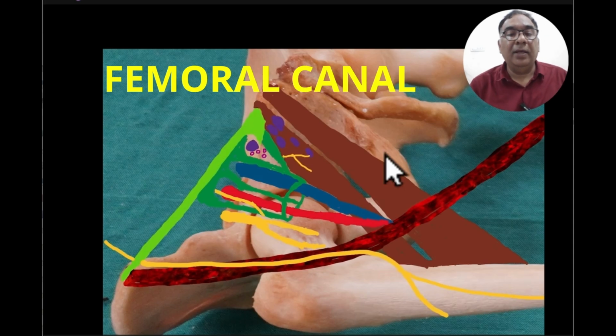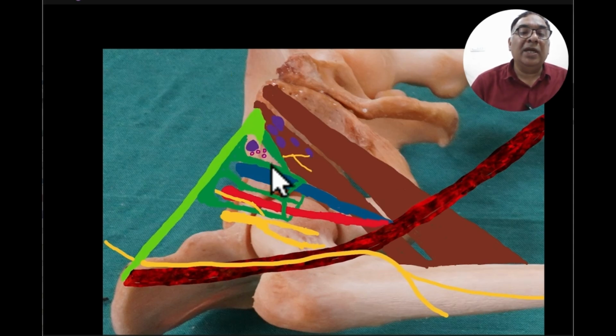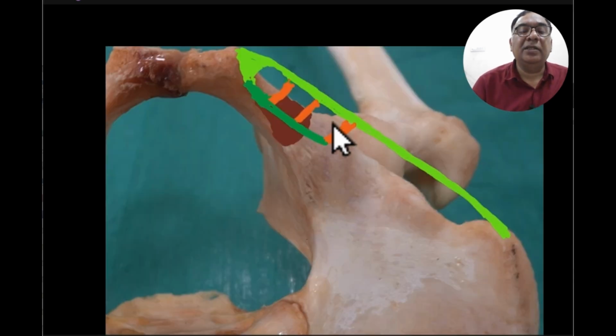Now the femoral canal. This is the medial compartment of the femoral sheath. It is conical in shape. It has a base and apex. It is about 1.5 cm long and 1.5 cm wide at the base. And the base of the femoral canal forms the femoral ring. This is a superior view of the femoral sheath. Here you can see it has three compartments.